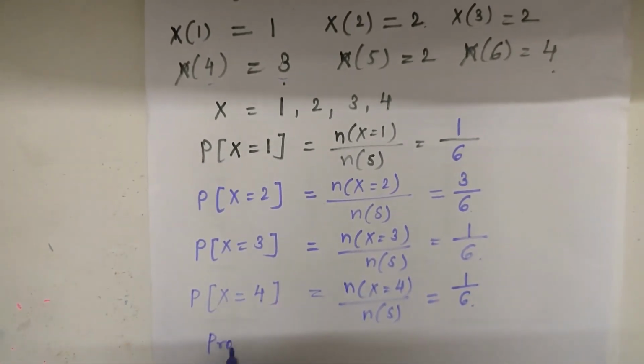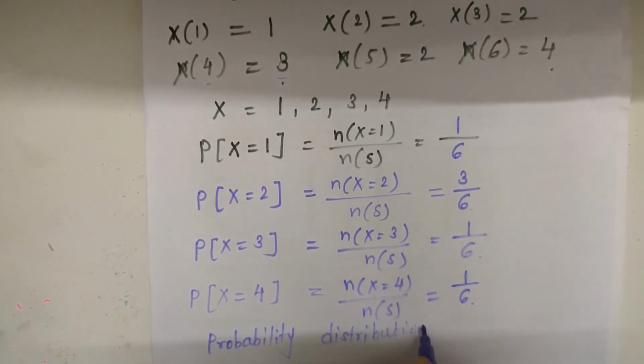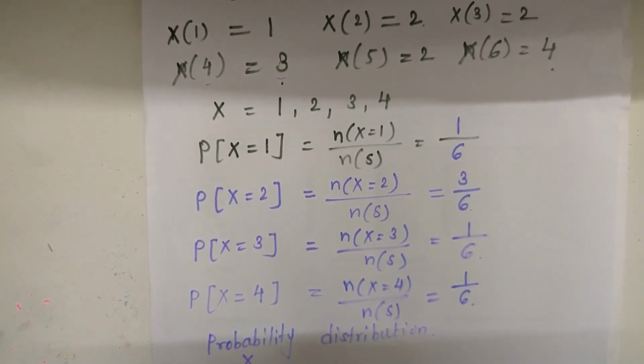The probability distribution can be written as x and probability of X equal to x.